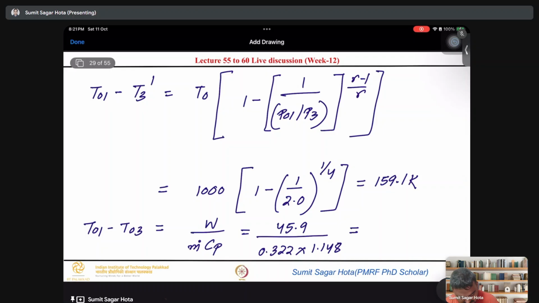All things are given. Just substitute and find out the value of temperature difference. Okay, 124.2 and it is 159.1.